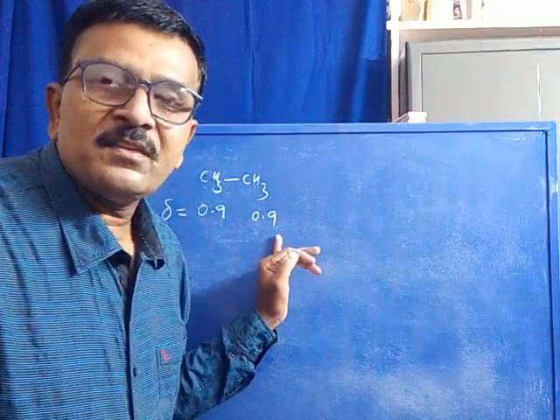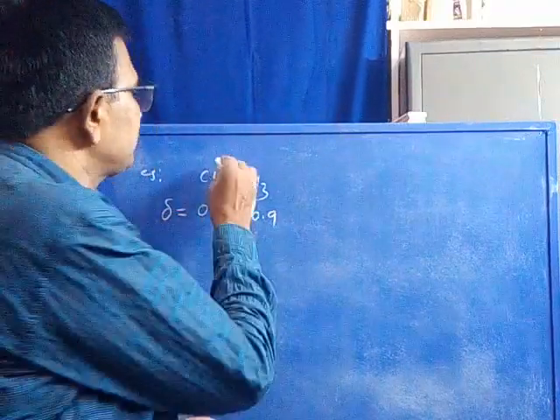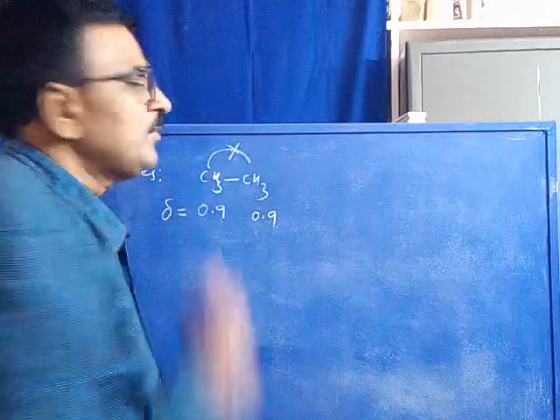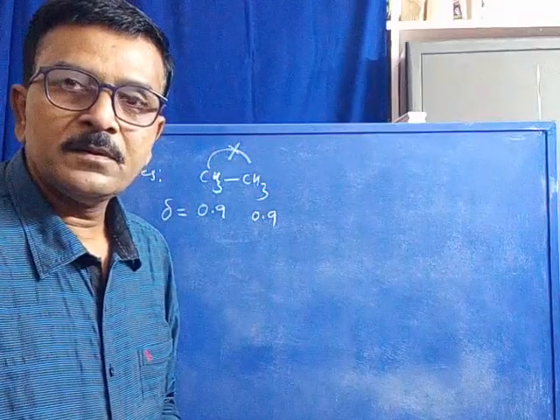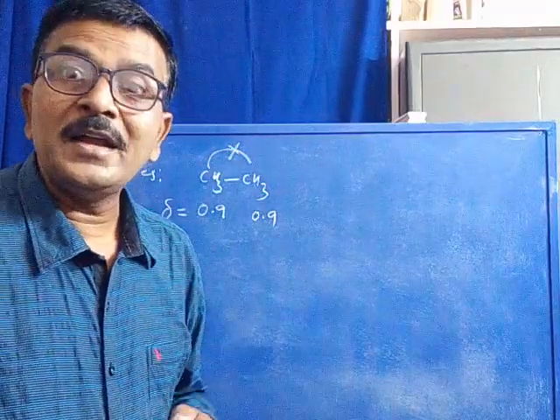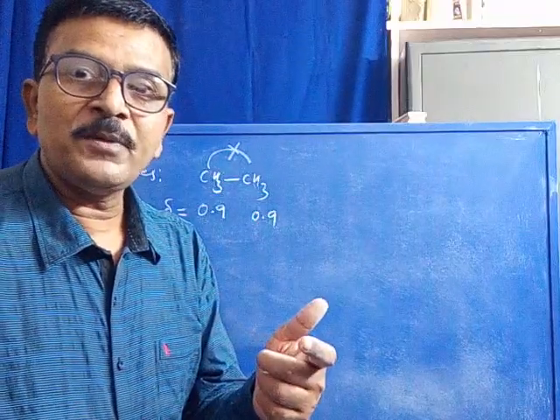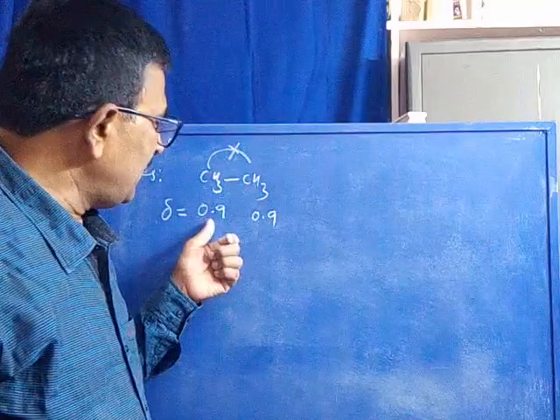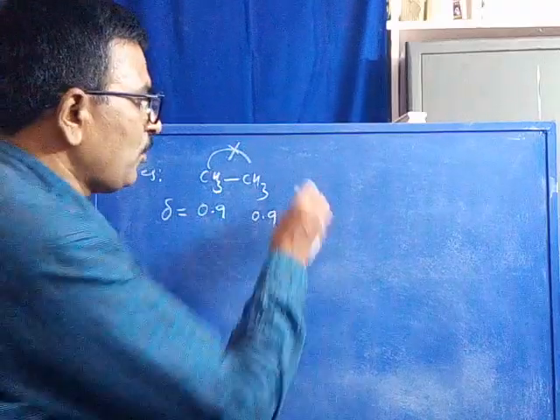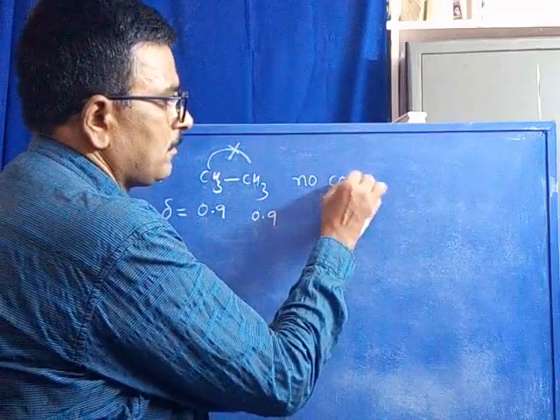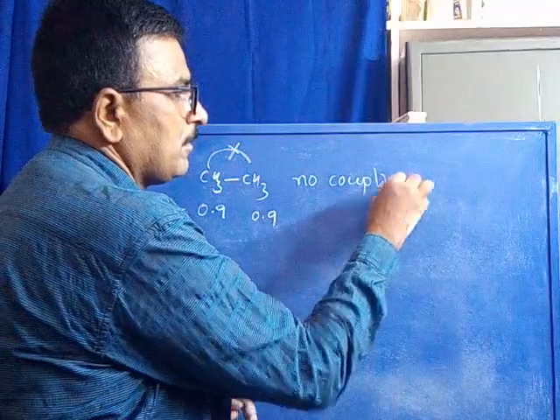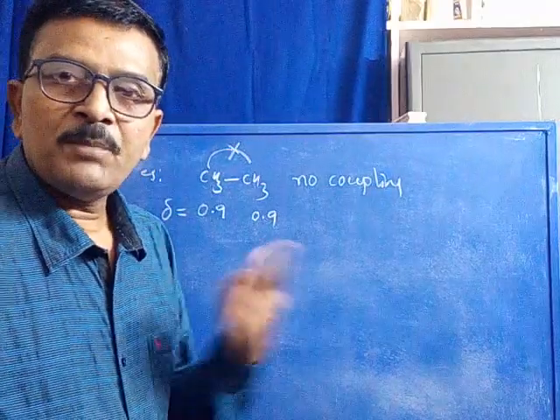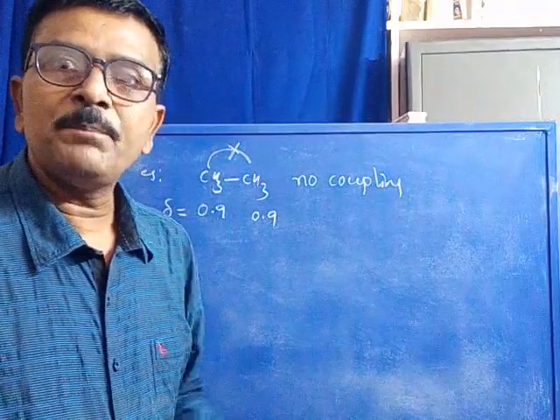When the frequencies are the same, there is no spin coupling. So according to the condition, spin coupling is possible between protons of different frequency, whereas here the frequencies are the same, therefore no coupling. When the protons are not coupled, a signal appears as a singlet.